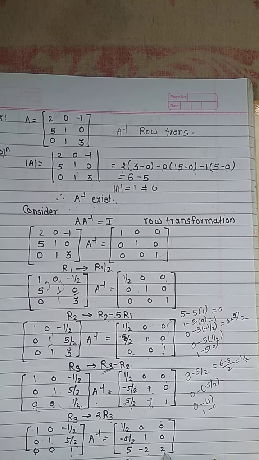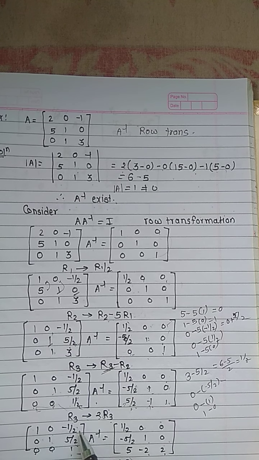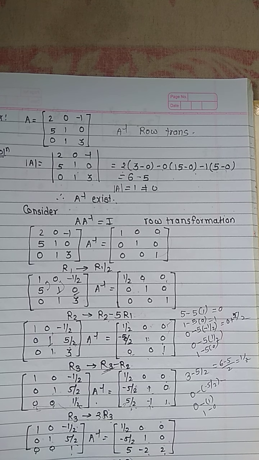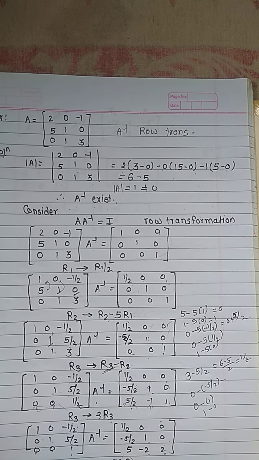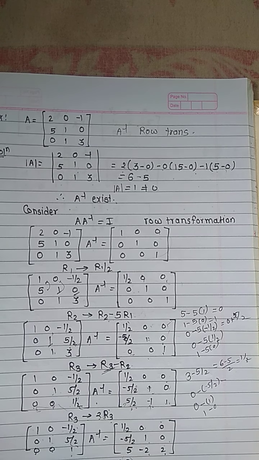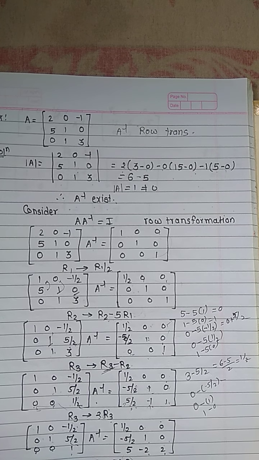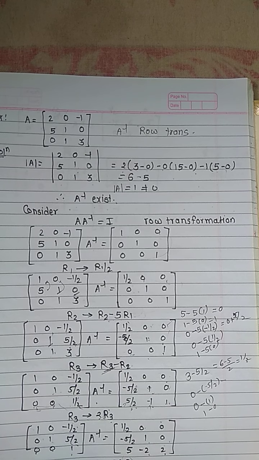Next step, A13 element and A23 element convert into 0. A23 position element, that is the 5 by 2 element, convert into 0 using the operation R2 minus 5 divided by 2 R3. Means only R2 elements are changing.